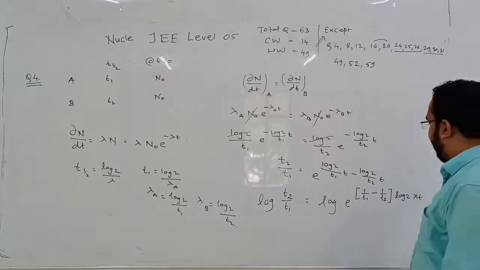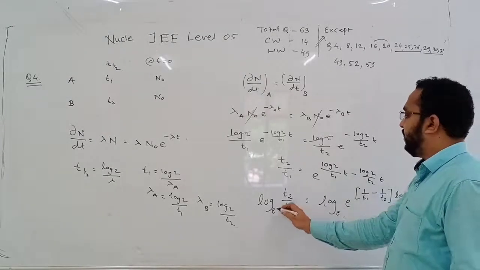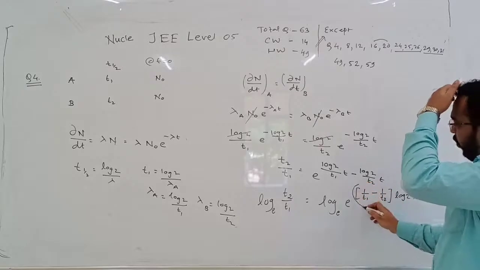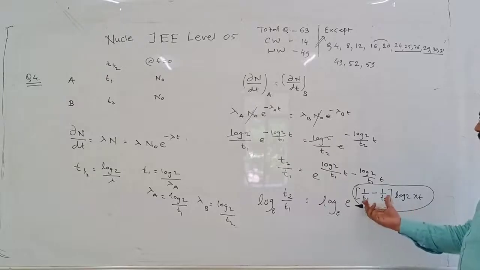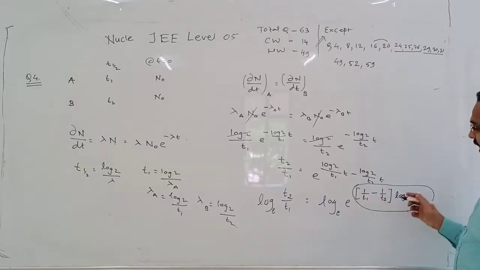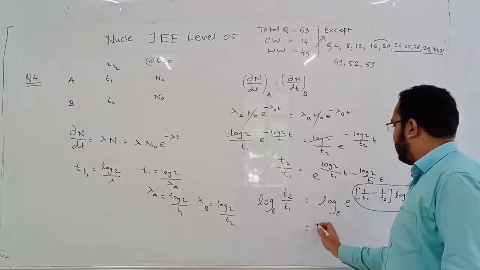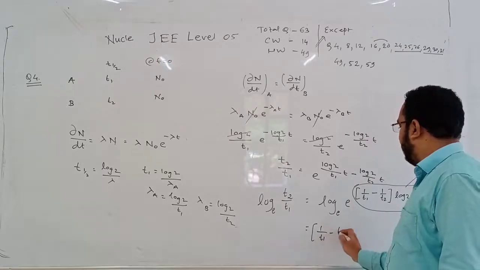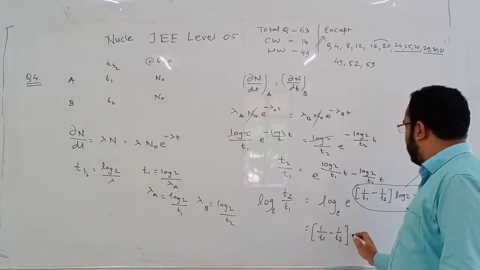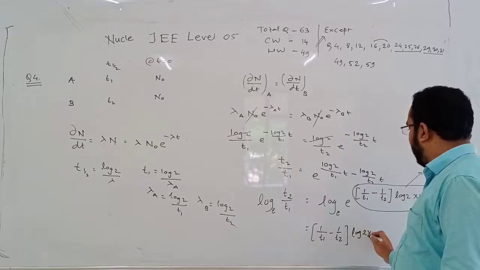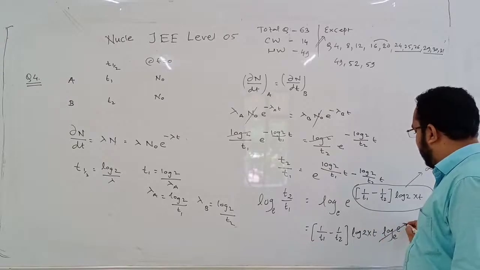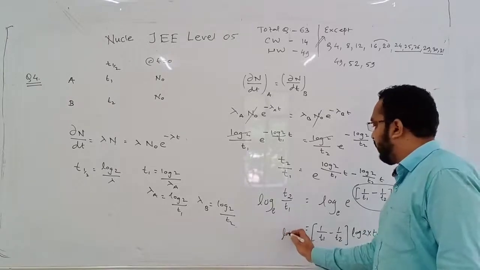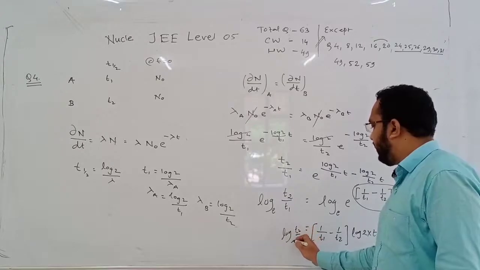Now see, the base is e. This whole is the power of e, so we can remove it by the power rule. So we get 1 upon T1 minus 1 upon T2 into log 2 into t into log e base e. Log e base e is nothing but 1. And it is equal to log T2 by T1 base e.